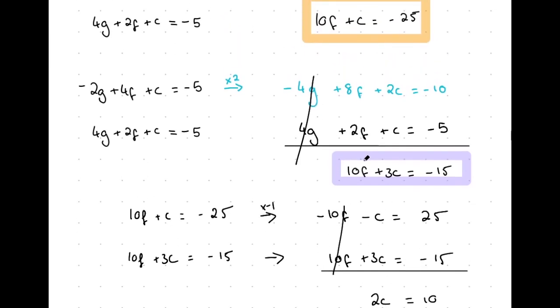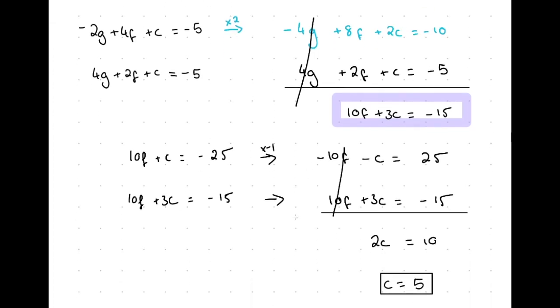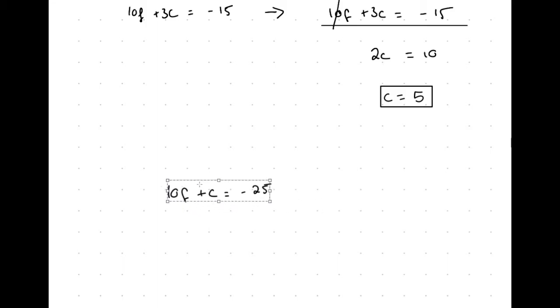So there's c now. So I go back to one of the ones with 2 unknowns and I put the c back in. So I could take the 10f plus 3c is equal to minus 15, or we can take the other one, 10f plus c is equal to minus 25. And we fill in c now.